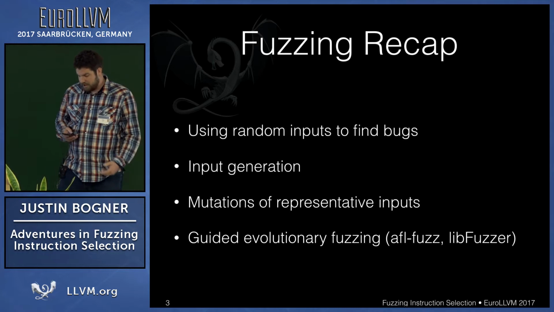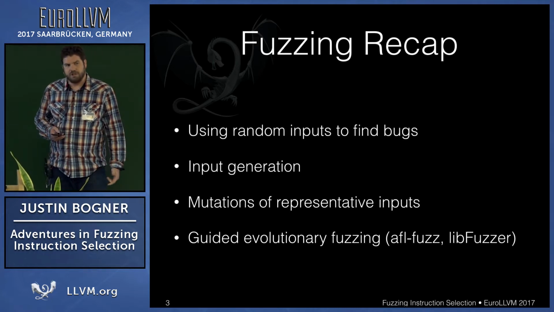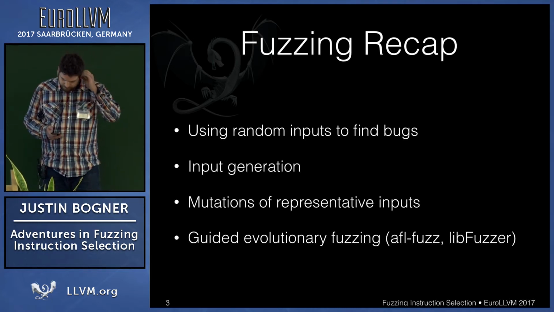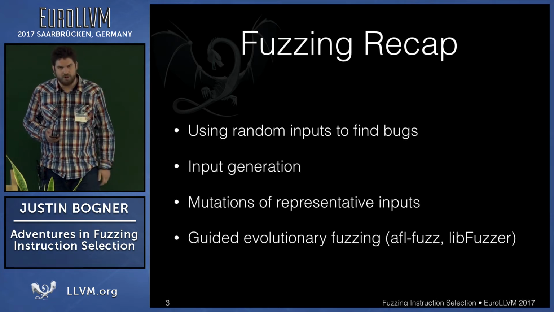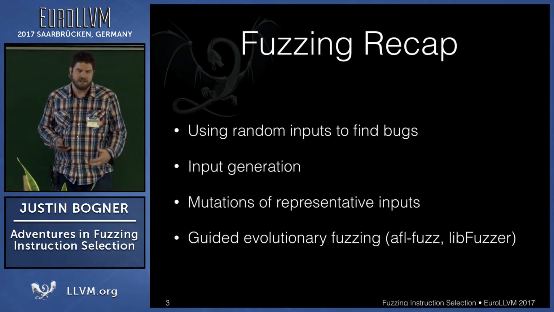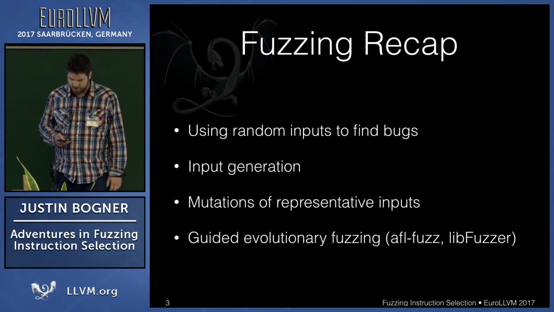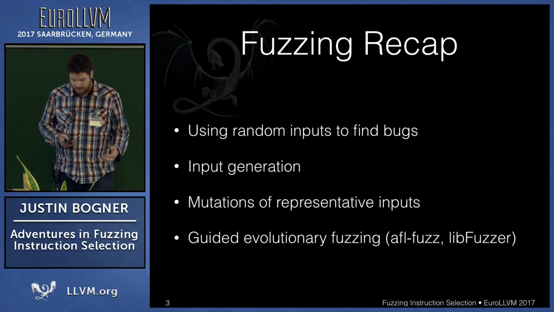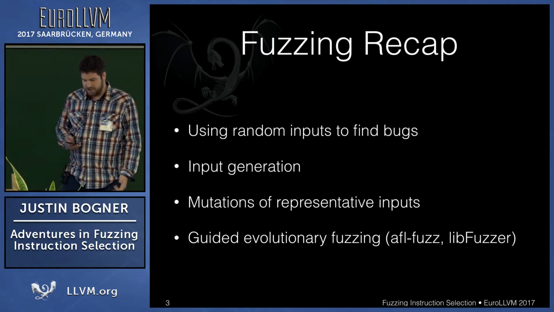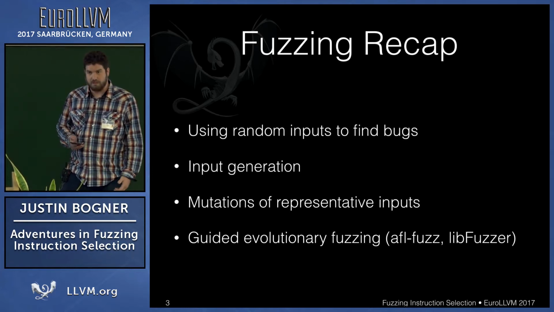More recently, the idea of guided evolutionary fuzzing has come along, where you actually instrument the program under test, so that the fuzzing can detect new internal states and base its evolution process off of that. This makes the fuzzing process a bit more effective and a lot more efficient.